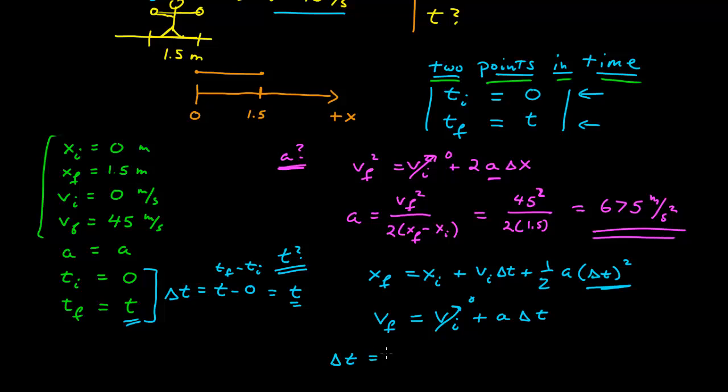Delta t, which is equal to t, is then equal to the final velocity divided by the acceleration, which is 45 divided by 675, and that is equal to 1/15 seconds.